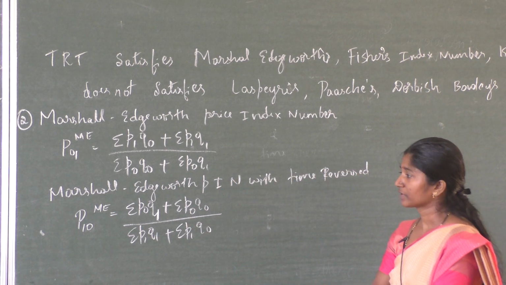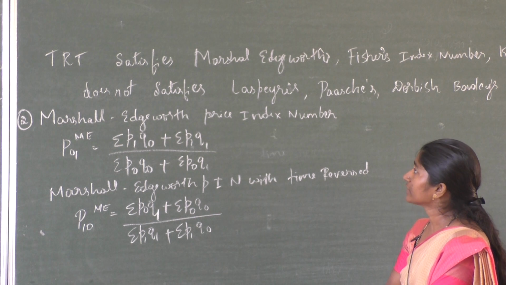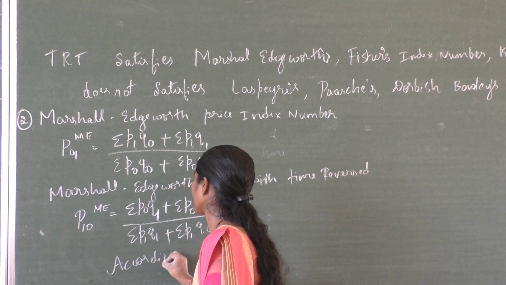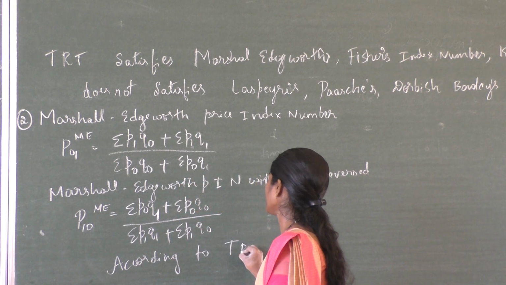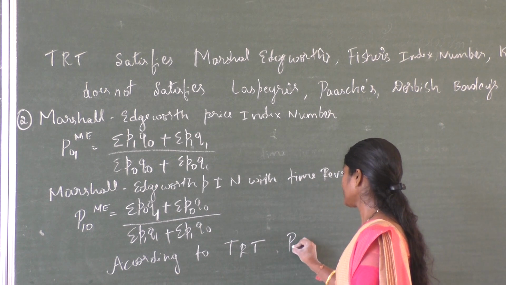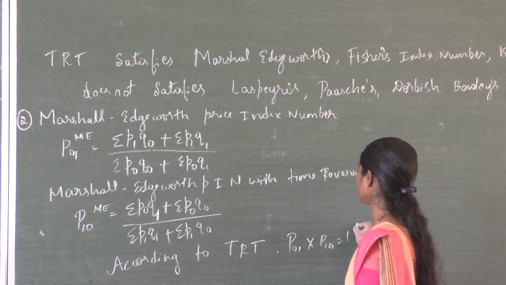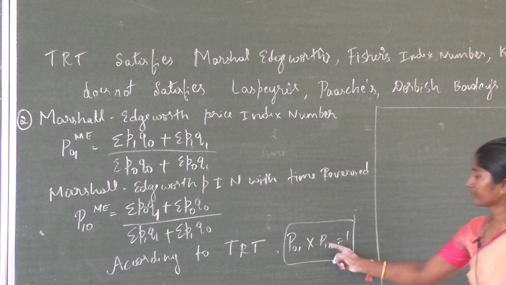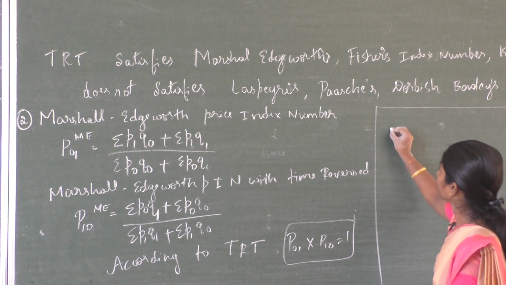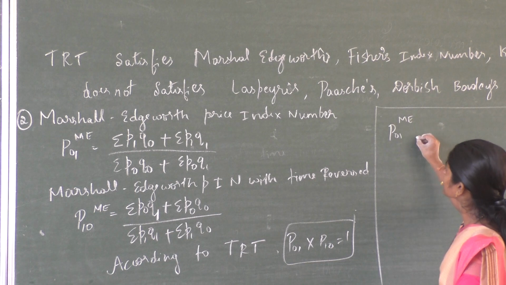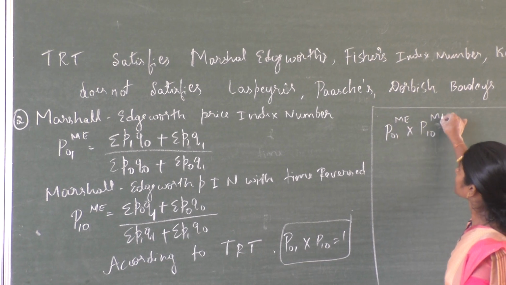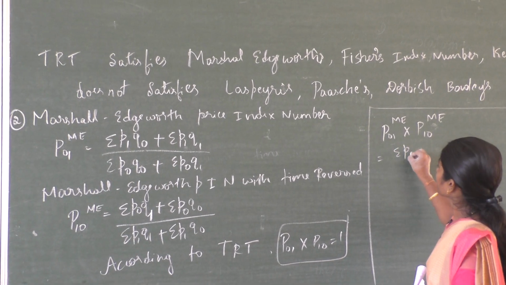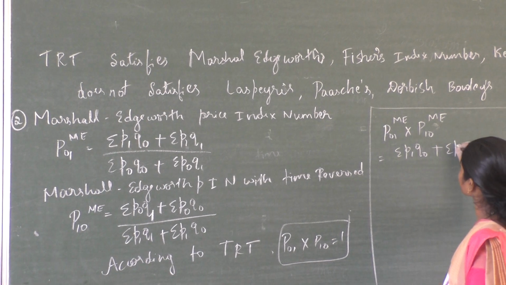It's like this way. Now according to our TRT formula, according to the time reversal test, P01 into P10 equals 1. Then P01 of Marshall-Edgeworth into P10 of Marshall-Edgeworth implies P1 Q0 plus P1 Q1, over P0 Q0 plus P0 Q1, into the reversed expression.